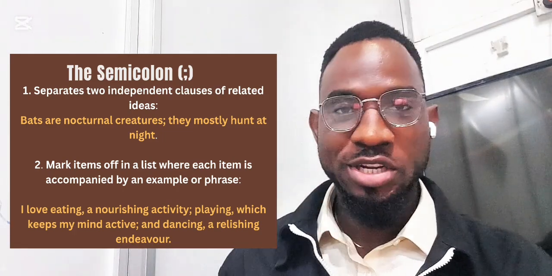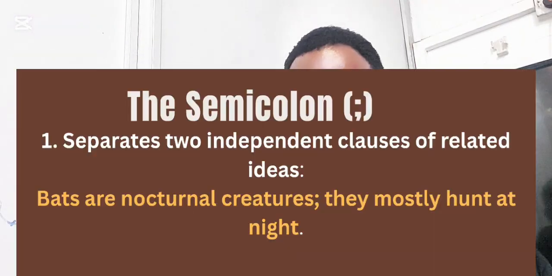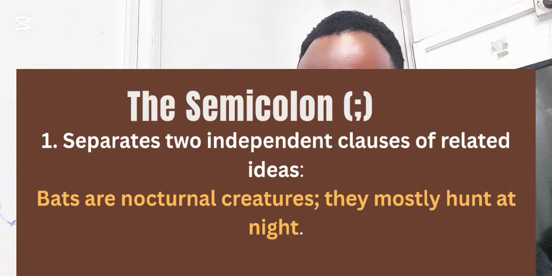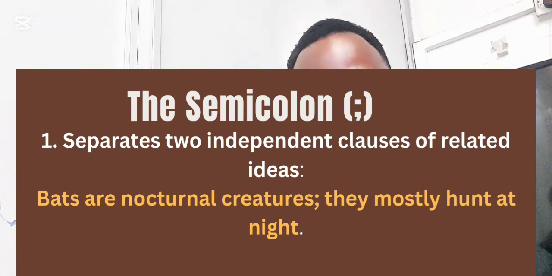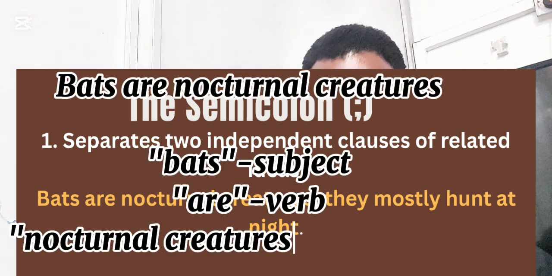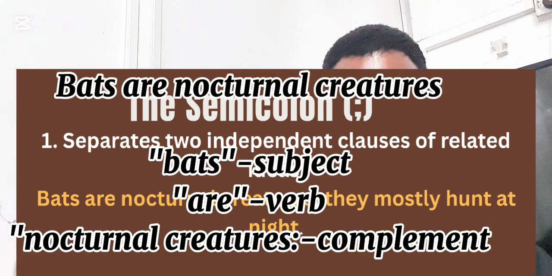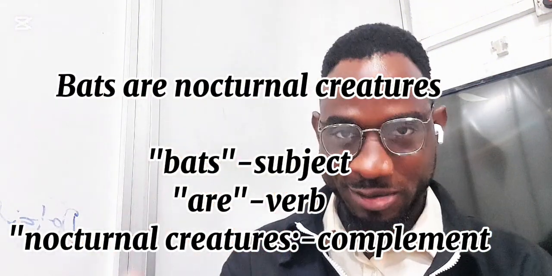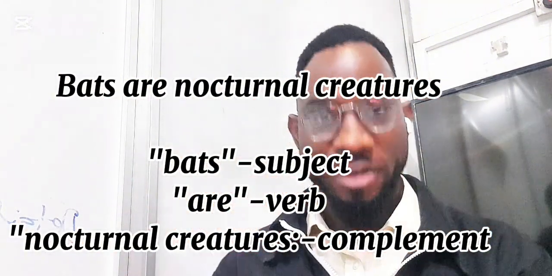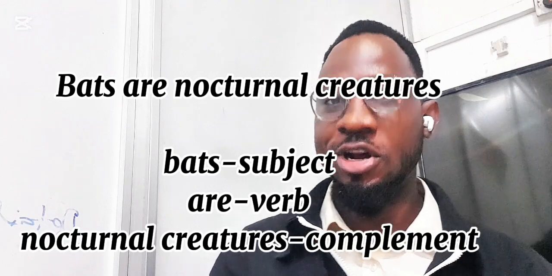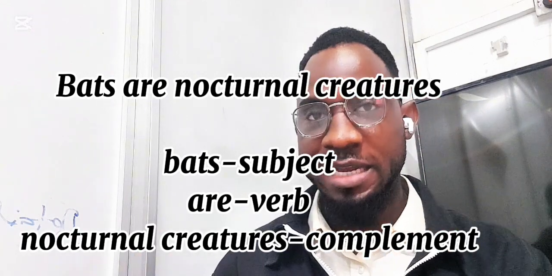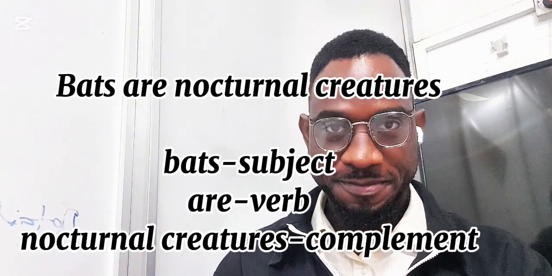So an expression like "bats are nocturnal creatures" is an independent clause because we have a subject, verb, and a complement. So the subject in this case is bats, right? The thing talked about, the noun in the sentence talked about, and "are" is the verb, and "nocturnal creatures" is the complement of the subject connected by that verb, are, right?